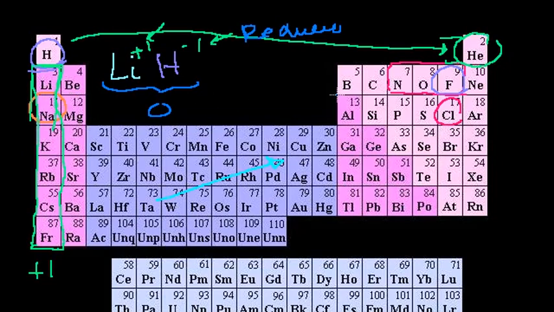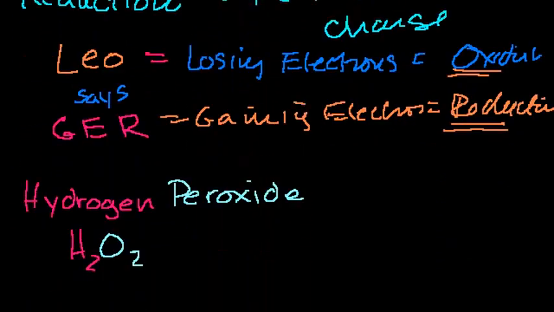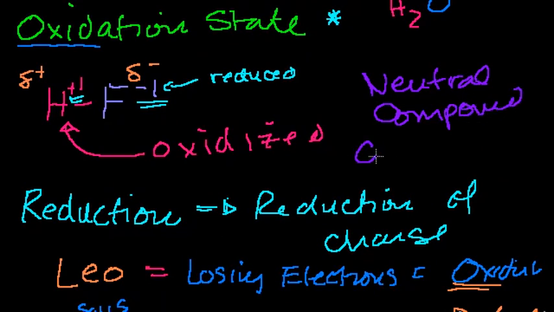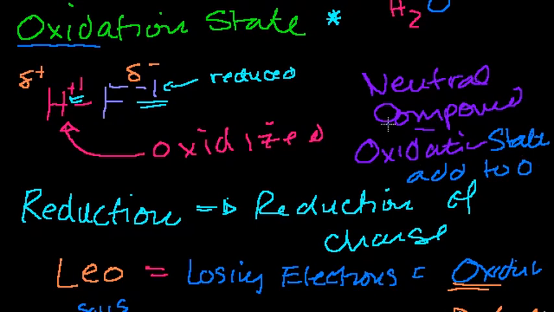In general, if you have a neutral compound, let me write that down, then the oxidation states add to 0. And if you have a non-neutral compound, if you have a +1 charge, the oxidation states of all of the atoms in your compound are going to add up to your charge.